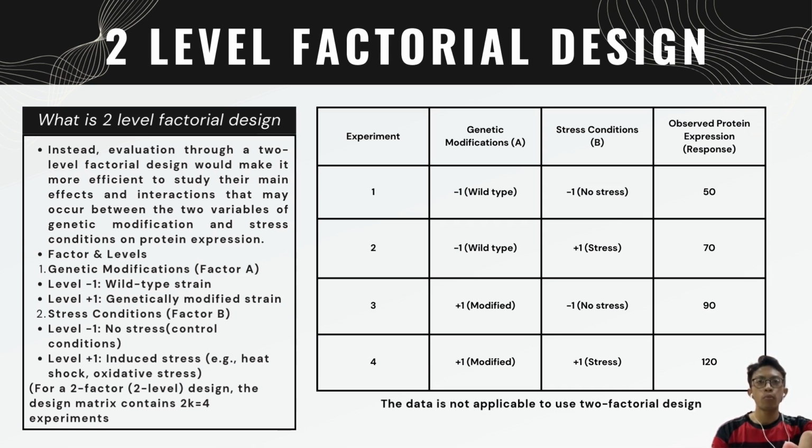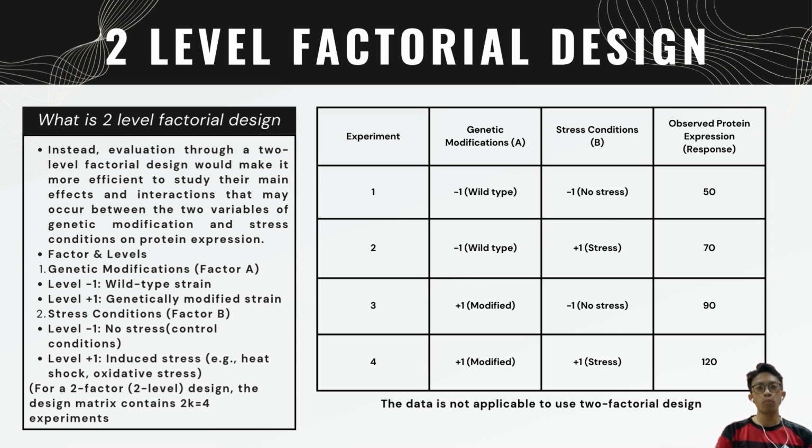So here we have the example result. Let's say we measure the protein expression levels under the four combinations. The first one is wild type, no stress, and the result is 50 units. The second one is wild type with stress, 70 units. Next is modified with no stress, 90 units.